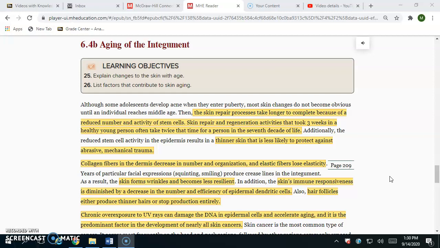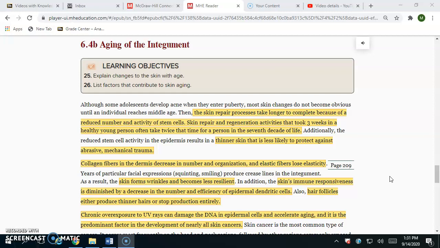And so what you'll notice is wrinkles. There are certain places in the body where you'll see more wrinkles, because those are areas where we have repetitive movements, like around the eyes and around the mouth. So that's a cause for wrinkles, the loss of collagen fibers, and also the loss of elasticity in those elastic fibers.